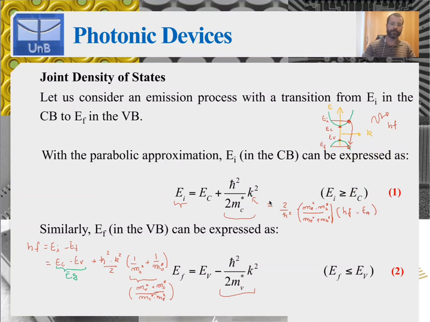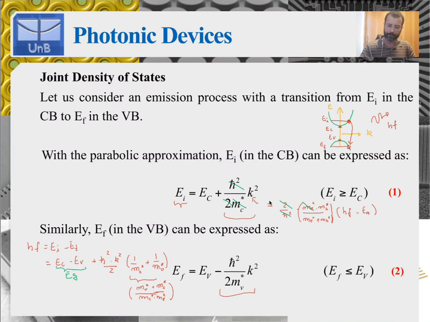So some things will cancel out. Basically this h bar squared will cancel with this one, the 2 will cancel with the 2 here, and this me star, the mass of the electron in the conduction band, can cancel out this one right here.